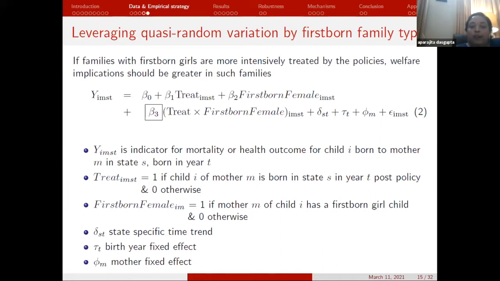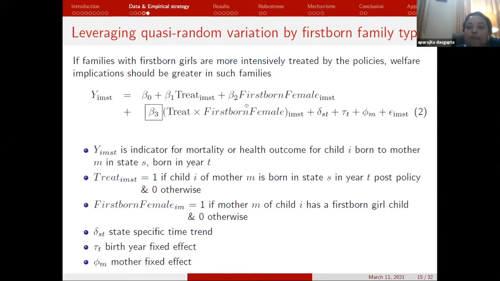Y_IMST is the indicator for mortality or health outcome for child I born to mother M in state S, born in year T. And the rest is as before. Firstborn female takes value 1 if mother M of child I has a firstborn girl child and 0 otherwise.